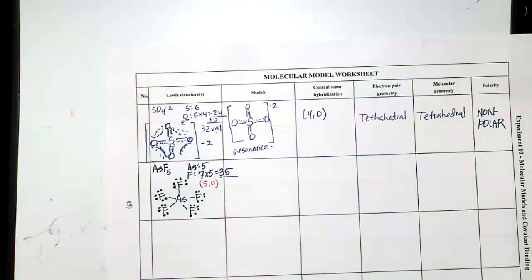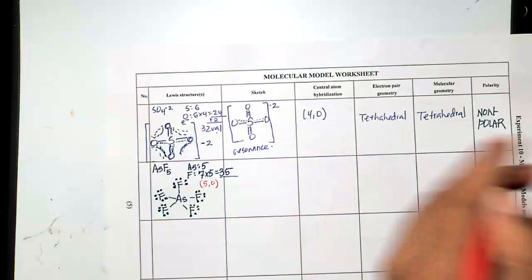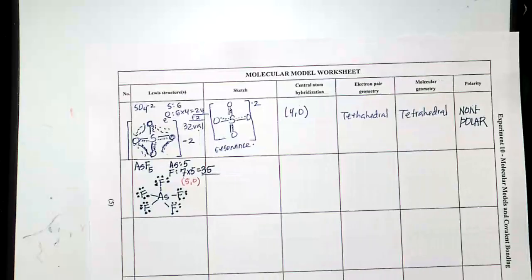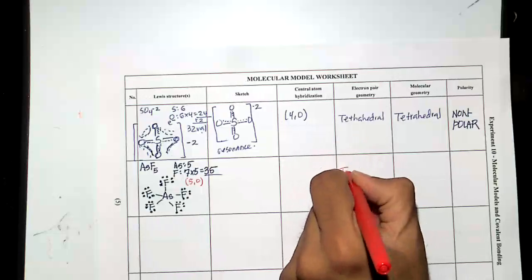Where's my sheet? 5 and 0 should be trigonal bipyramidal. 5 bonds, 0 lone pairs. Am I right? Trigonal bipyramidal. Okay.